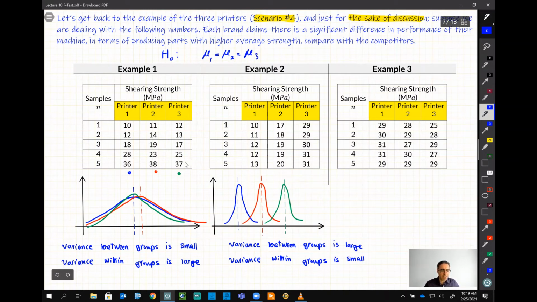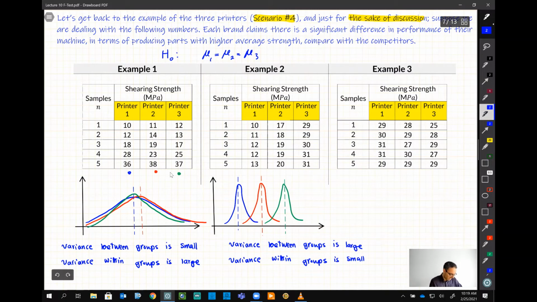Looking at the first group, just visually, we can say that no, the difference between these is just by chance, because the variance between groups is small, but within each group, the variance is so large that we cannot really say there is a significant difference between them. But for example 2, obviously there is a significant difference, right? You can see it visually.